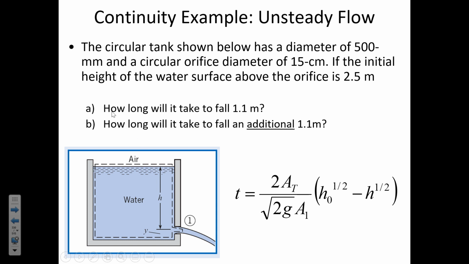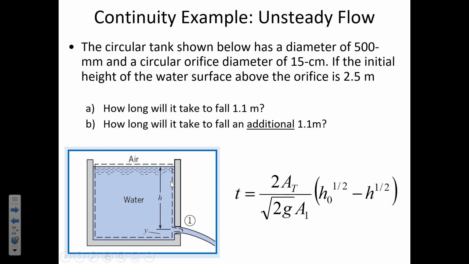So in part A, we want to find out how long it would take for the liquid level to fall 1.1 meters. Remember, this second h doesn't represent how far the liquid has fallen, but the distance from the center line of the orifice up to the liquid level. Let me sketch it on the board, because this is something people seem to misunderstand with some regularity.